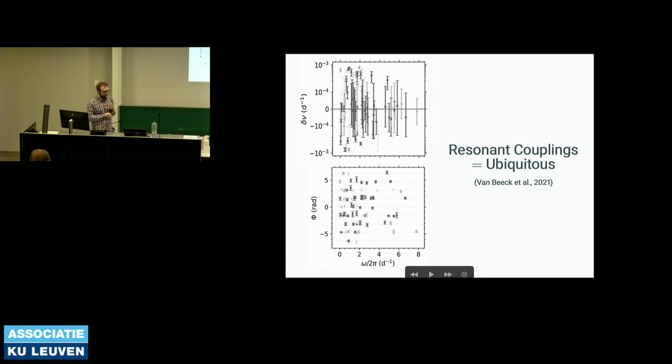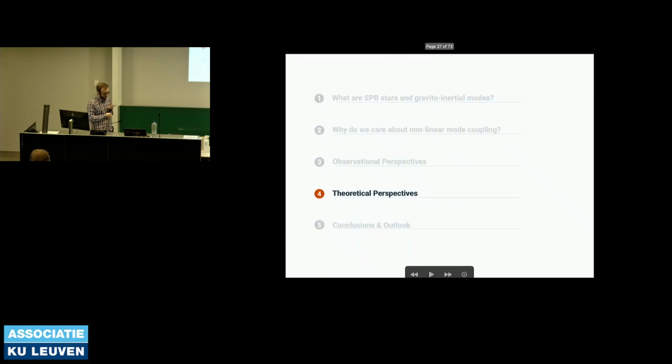So, after having determined that these resonant couplings are ubiquitous, what can we do with them? For that, we need to have a look at the theory more in depth.